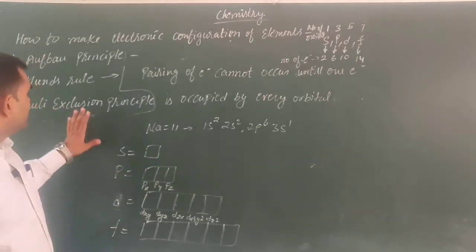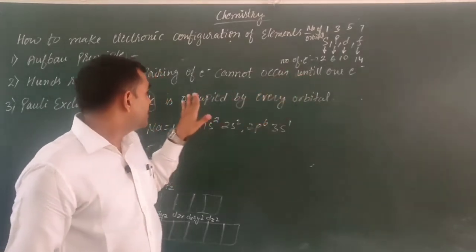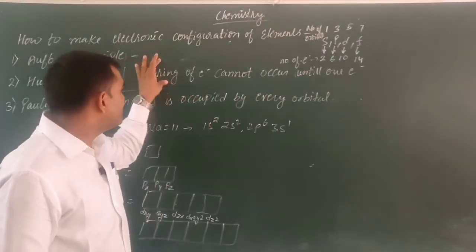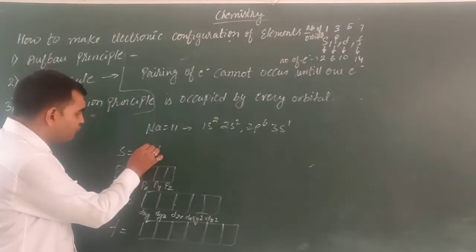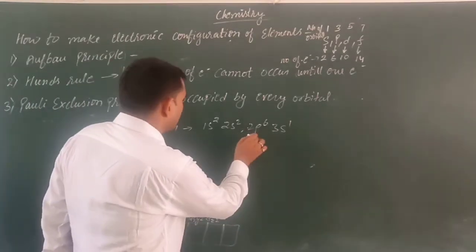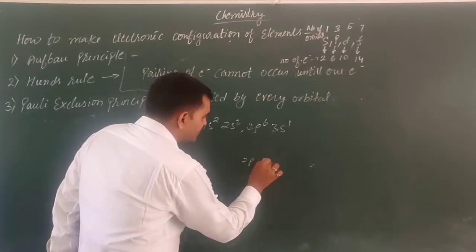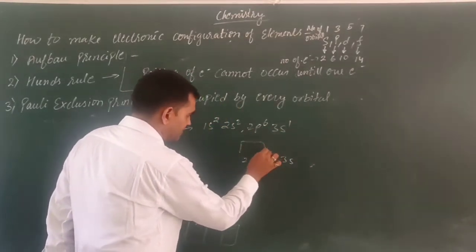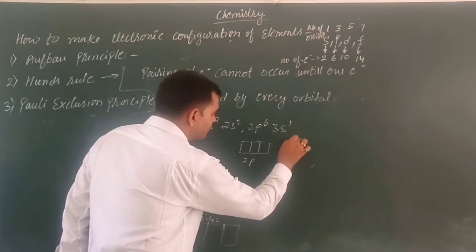Now, Hund's rule: pairing of electrons cannot occur until 1 electron is occupied in every orbital. That means pairing cannot happen until 1 electron is occupied in each orbital. So we take an example of this: if we draw 2p and 3s, we have to draw the last 2 orbitals only. In the P there are 3 orbitals, in the S there is 1 orbital.